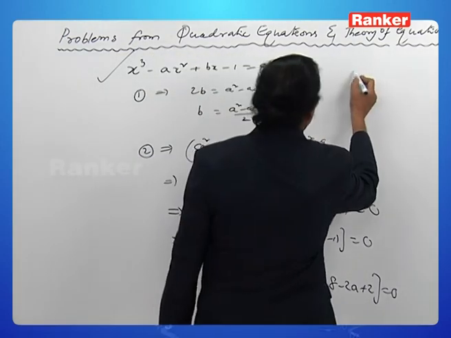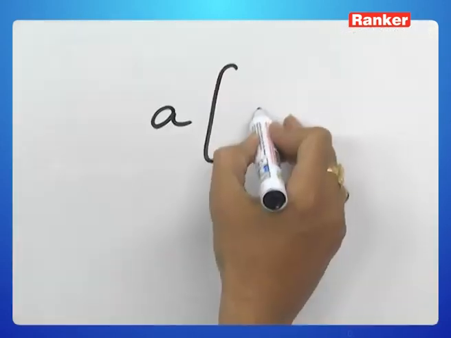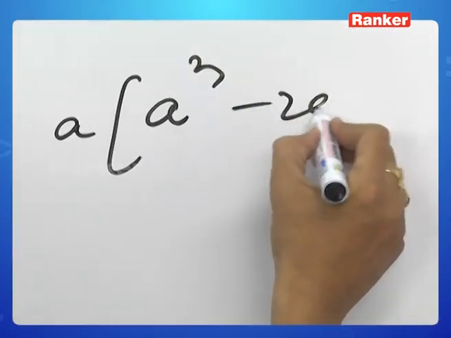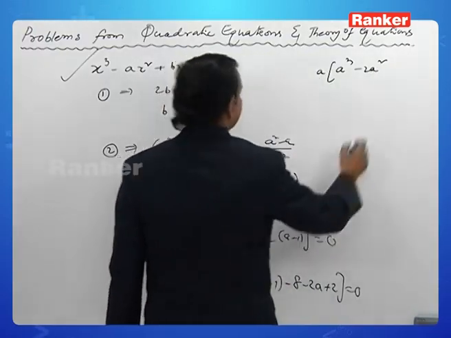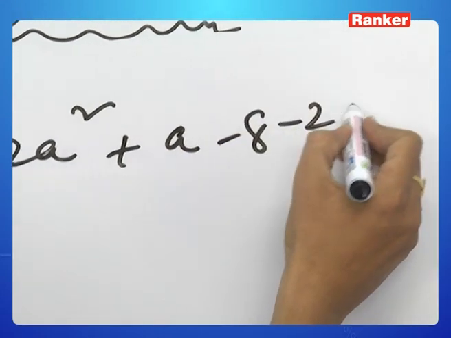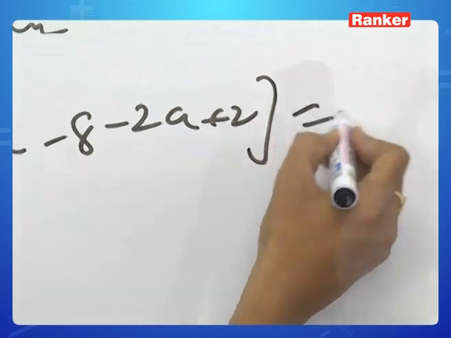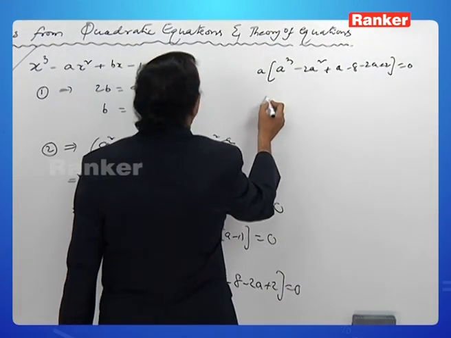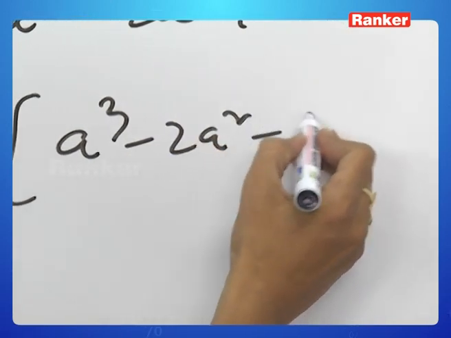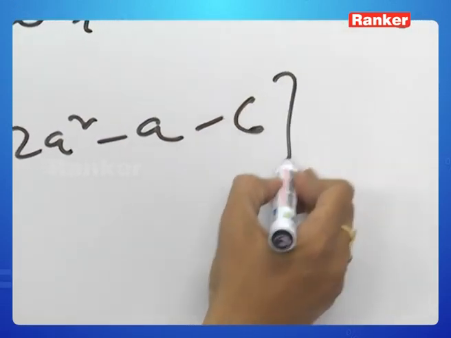Again, this is a into a cube minus 2a square plus a minus 8 minus 2a plus 2 is equal to 0. That is a into a cube minus 2a square minus a minus 6 is equal to 0.